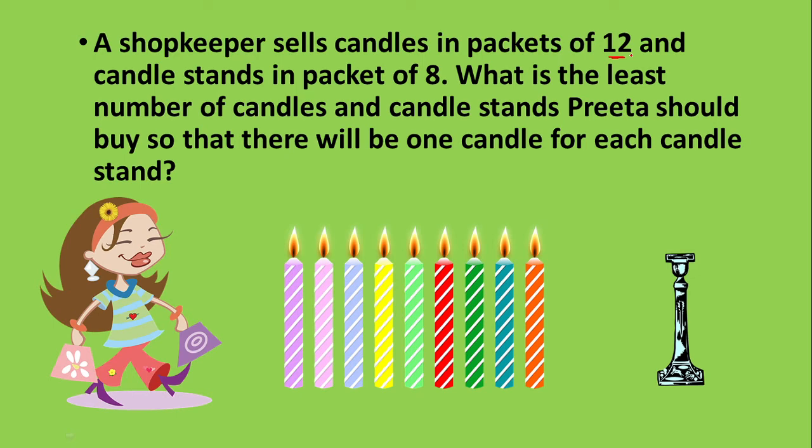And candle stands in a packet of 8. He is making a packet of 8 candle holders and selling them. So 12 candles in one packet and 8 stands in one packet. Now, what is the least number of candles and candle stands Preeta should buy so that there will be one candle for each candle stand?